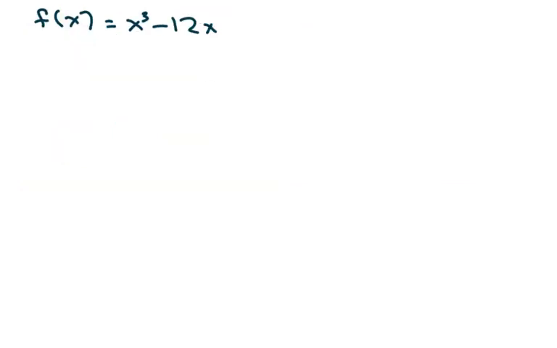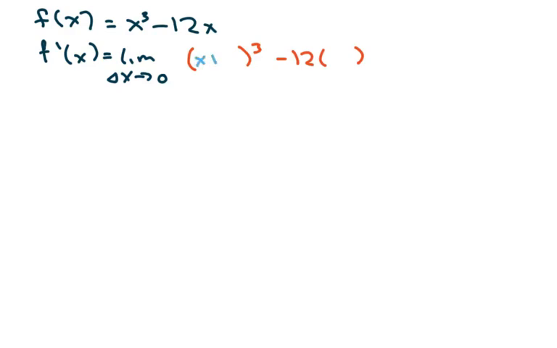And we can take the derivative by the limit process, which equals the limit as the change in x approaches 0. And if you watch the other parts, you know what I'm going to do is I'm going to just write my x, and inside the x, I'm going to put x plus delta x.